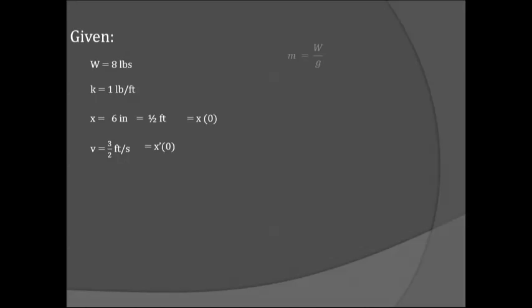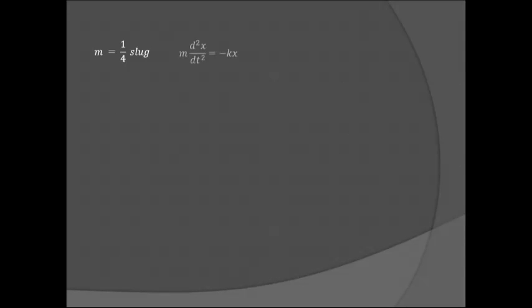So first we will get the mass m, and in order to do that we will use this equation: m is equal to weight over gravity. Substituting the values, we get m equals 1/4 slug.